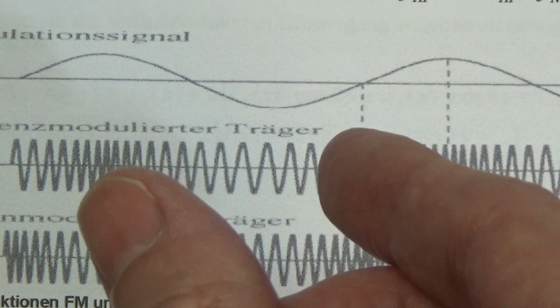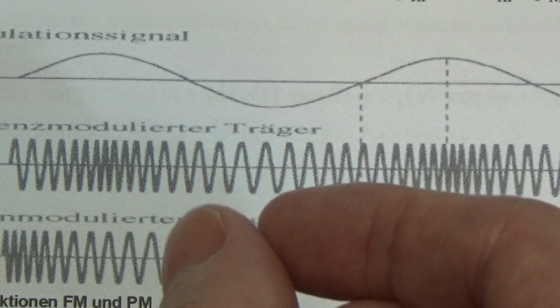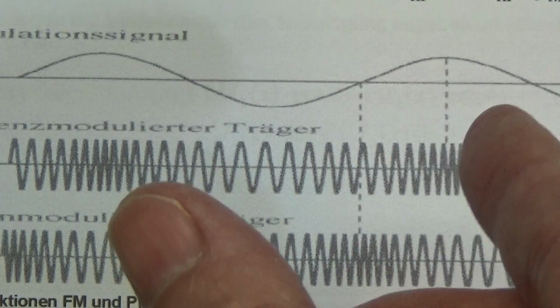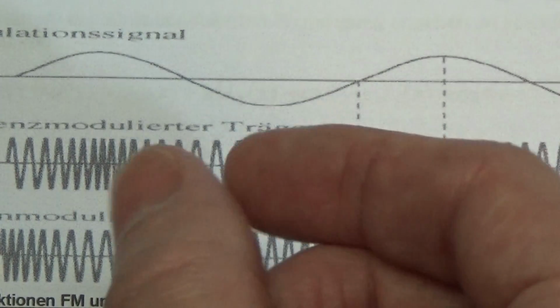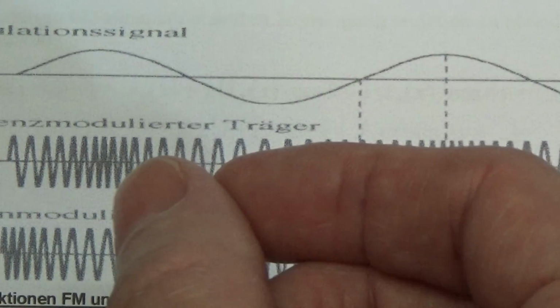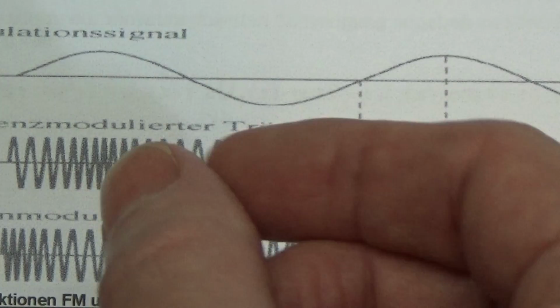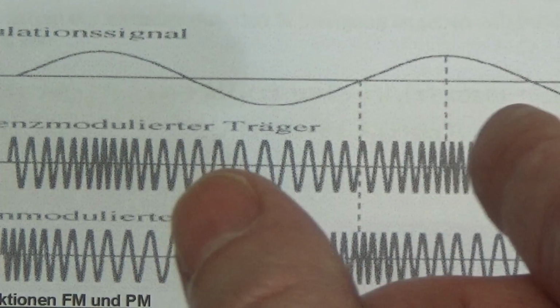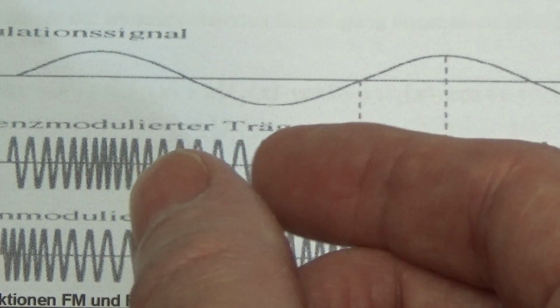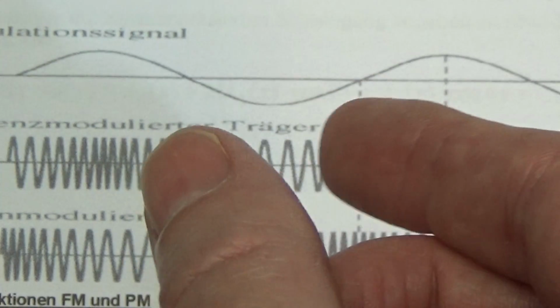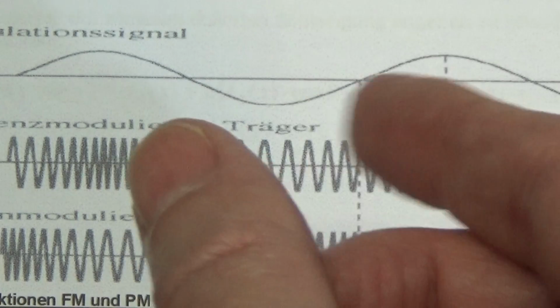And now the information which is in here is very simple. The wider you go with your deviation, if you have a great deviation, that means your signal is really loud, and a very little deviation means the audio volume is very low.